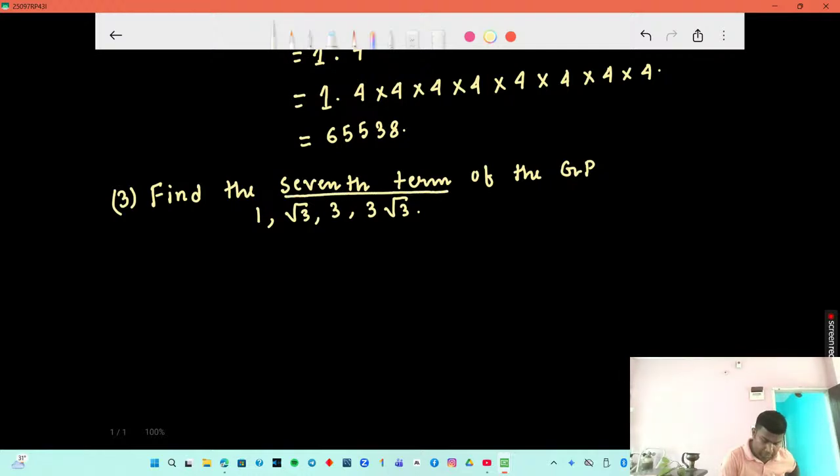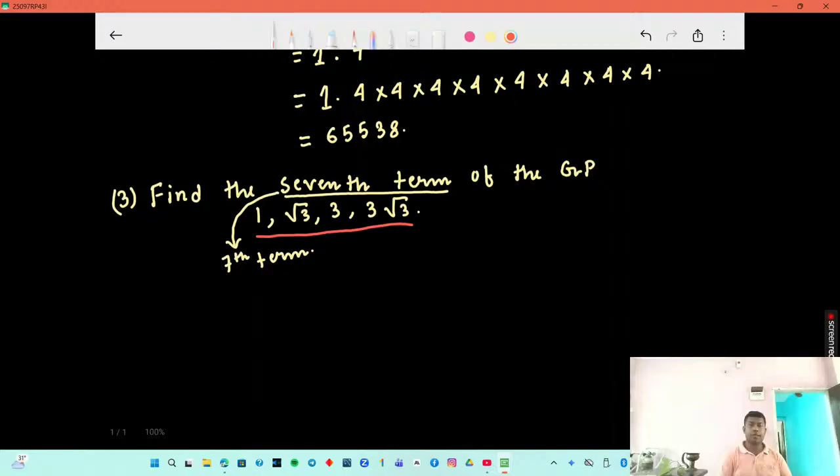So the question is asking us to find the seventh term and nothing else. Here the GP series is given as 1, root 3, 3 root 3.